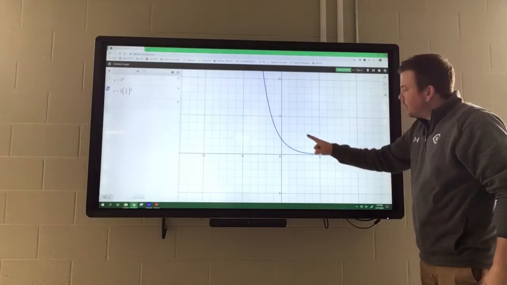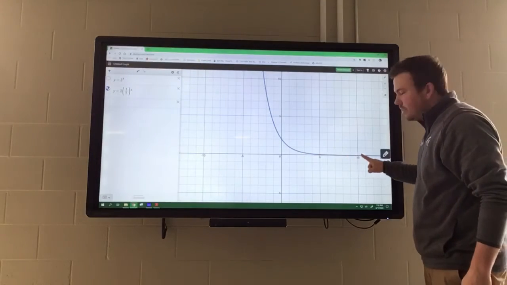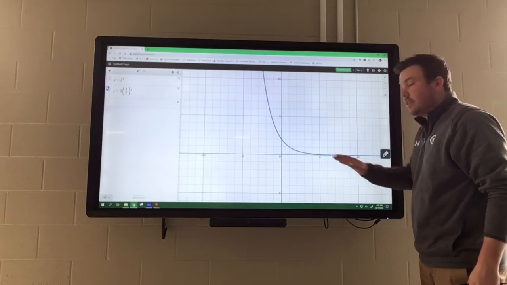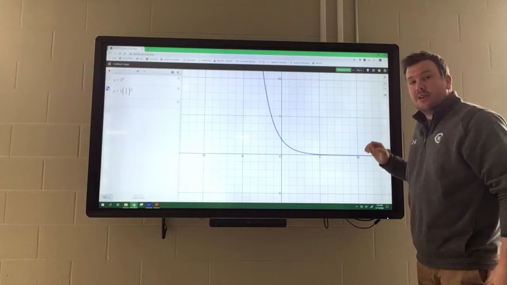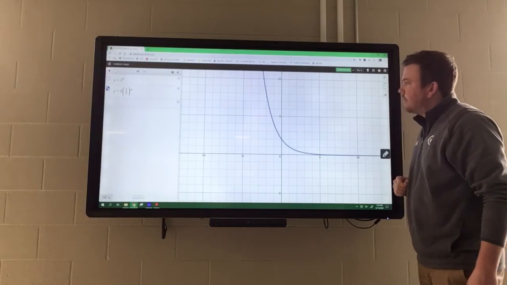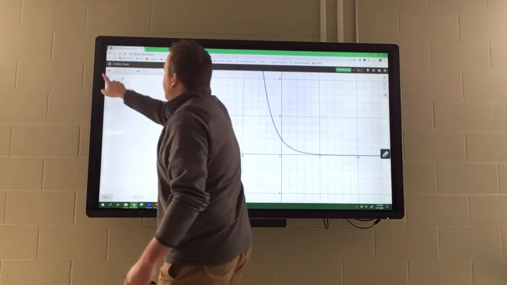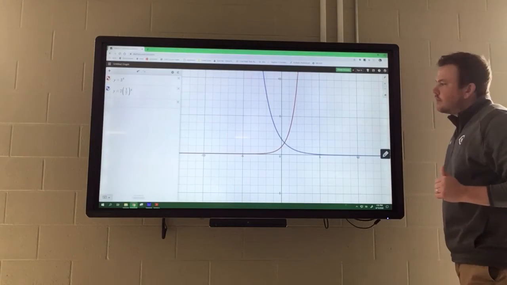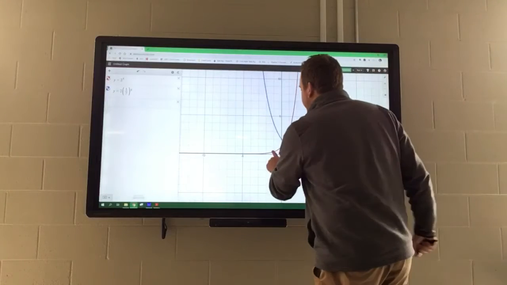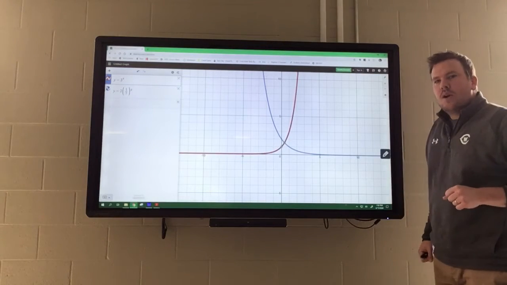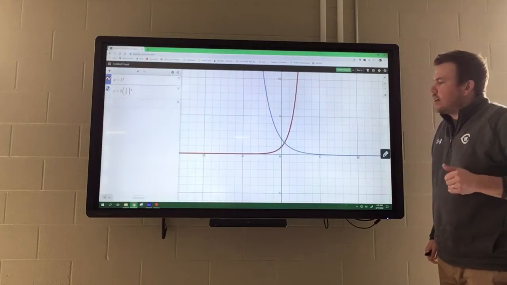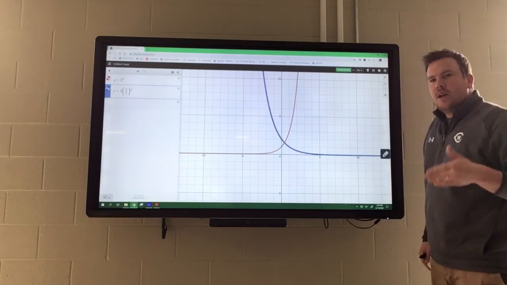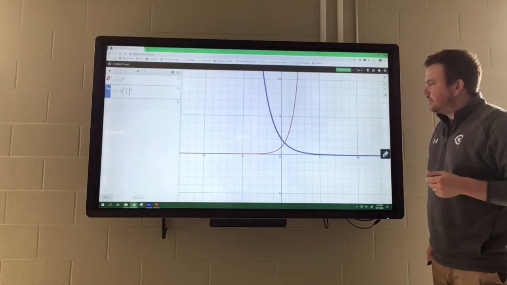Now, the interesting thing about this is it never actually touches the x-axis. The y value is never actually 0, it just gets infinitely close to that axis. As you can see, we have generally the same shape, just going different ways. The red one is when we have exponential growth, when our b value is greater than 1. The blue one is when we have exponential decay, when our b value is less than 1.